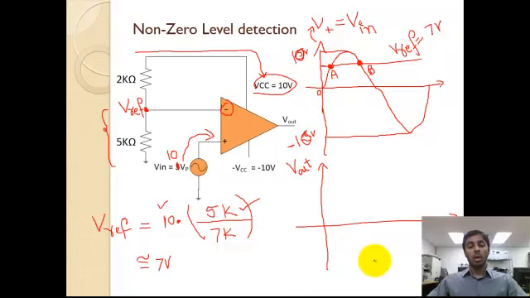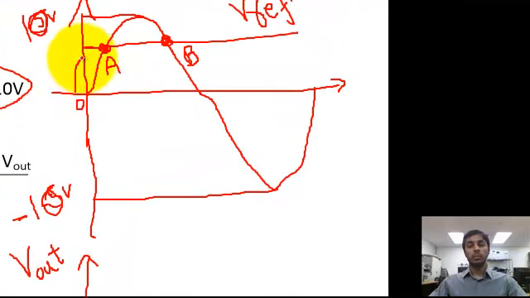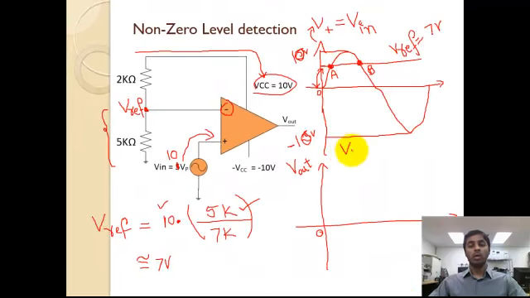Starting from point 0 or the origin, the signal from 0 to A falls below the reference. So in this case, the reference voltage is greater than the input.